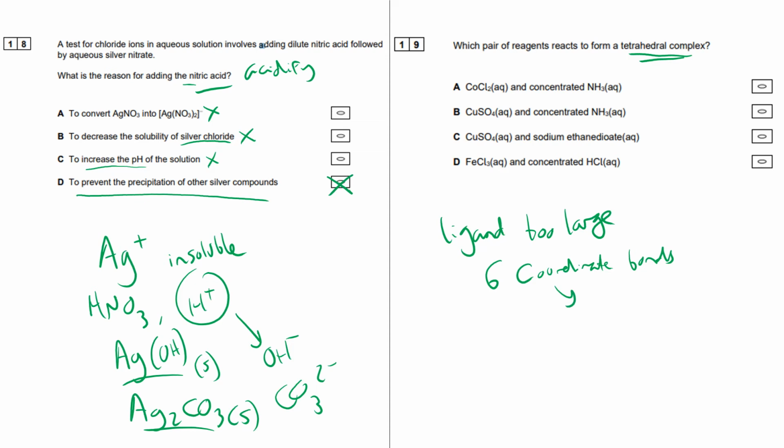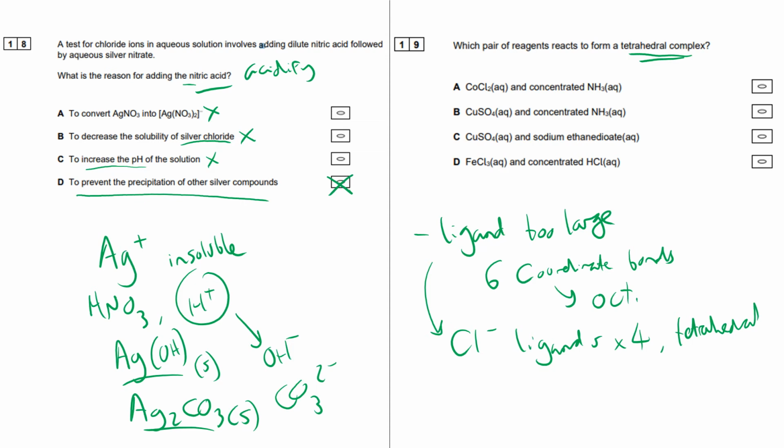If it's 6 coordinate bonds, then it's going to be octahedral. If the ligand is too large, you can only fit 4 around, and that occurs when you have chloride as a ligand. So you get 4 chloride ligands bonded, that forms a tetrahedral complex.